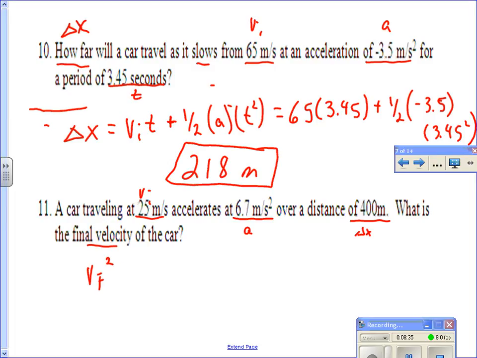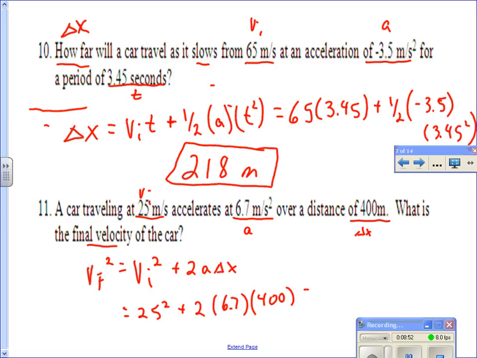That is VF squared equals VI squared plus 2A delta x. So 25 squared plus 2 times 6.7 times 400. Put that in your calculator. And your new speed is 77.36 meters per second.